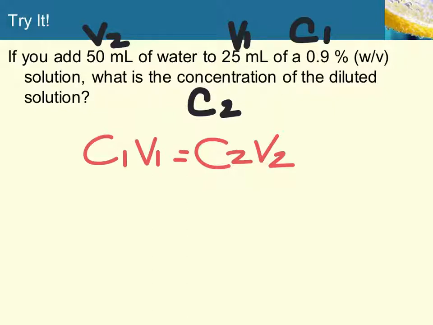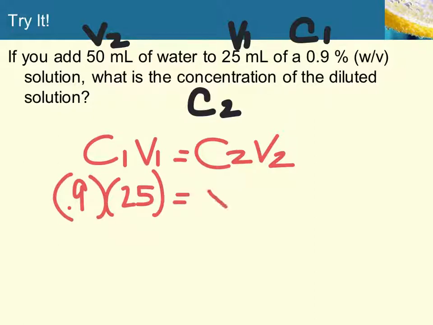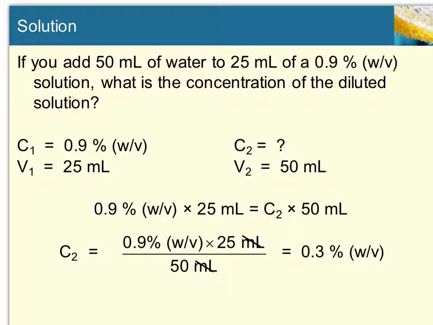So we've got 0.9 times 25 equals X over 50. And then we solve for X. And I'll show you the answer on the next page. So we get 0.3% weight by volume. Because they gave us the concentration in percent, we can show our answer in percent.